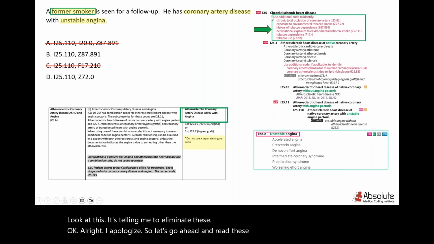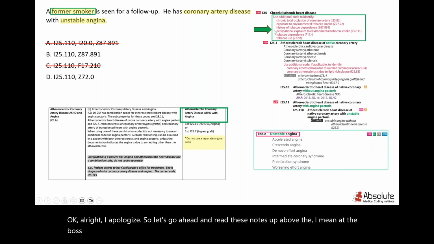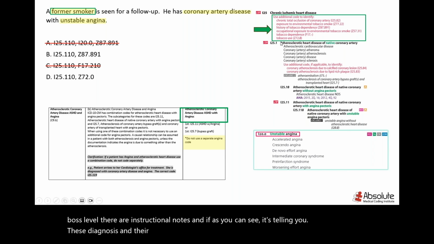Up above at the block level, there are instructional notes. And as you can see, it's telling you these diagnoses and their codes that are codable. However, it's telling us that if the patient has a history of tobacco dependence, you can code it.